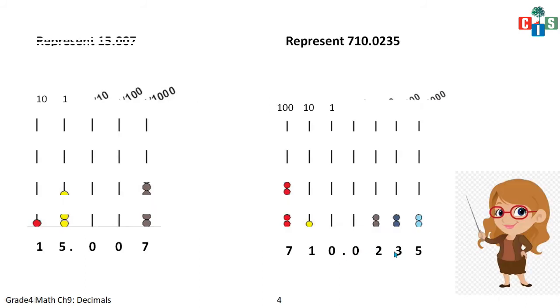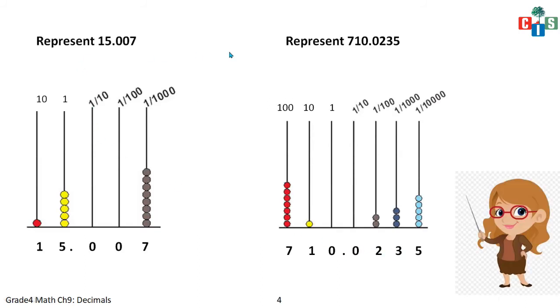Clear? So let's take the representation of decimal numbers in the abacus. The first number is 15.007 and the next number is 710.0235. This is how you read the number. Clear? Now let's represent in the abacus. Now in the abacus, before the decimal point you focus on that number. It's 15. So 5 is in the ones place. I am having 5 balls, and in the tens place we are having 1.